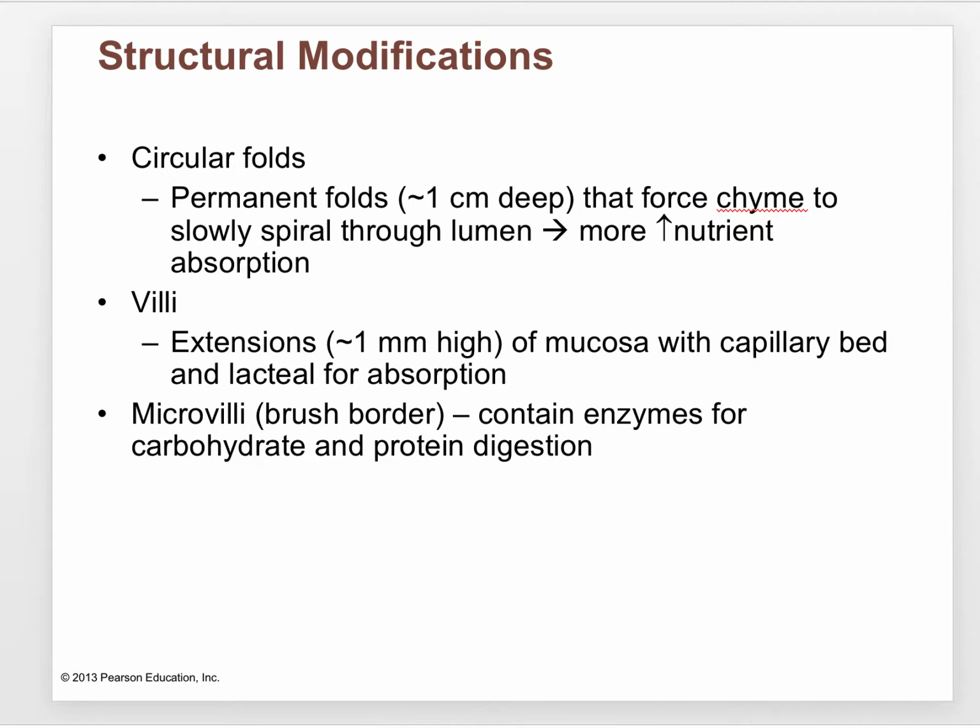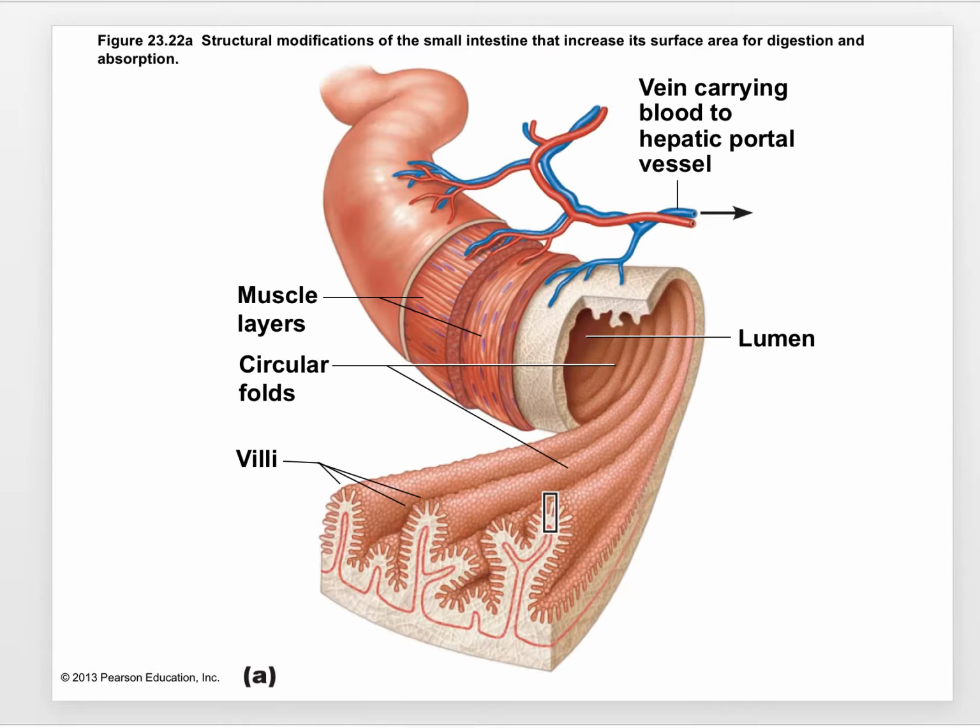The small intestine has circular folds and villi. These folds basically increase the surface area to allow for more nutrient absorption. The villi and the microvilli contain enzymes that also allow for more absorption because it increases the surface area. Here's a picture of the circular folds, and then you have the villi.